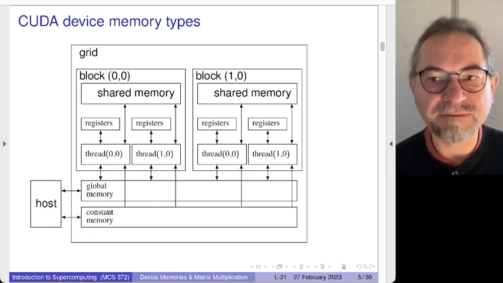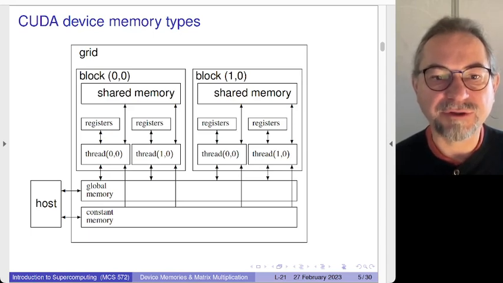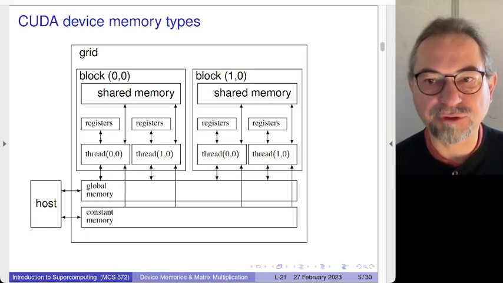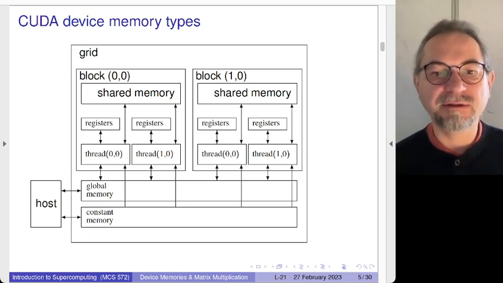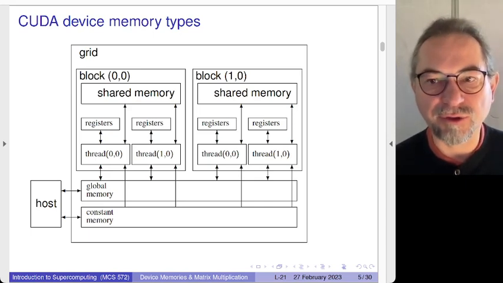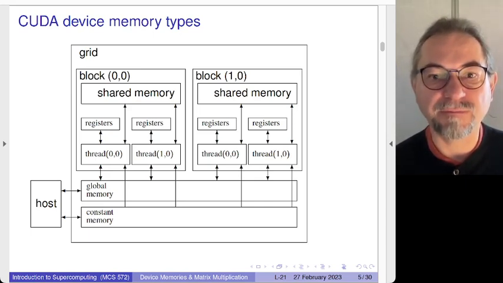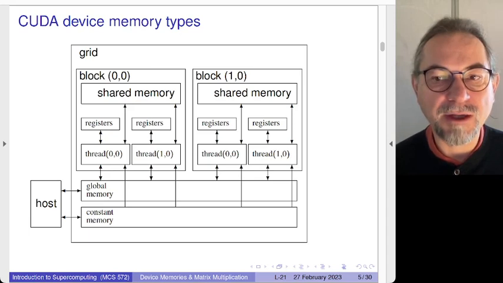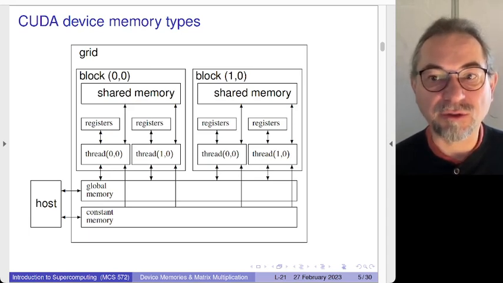Before and after execution, there are the transfers of the data. The host can put all the data first in the global memory, and the results are then also retrieved from global memory. The host can also set the constants in the constant memory.